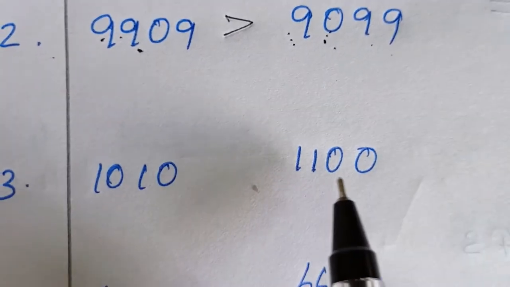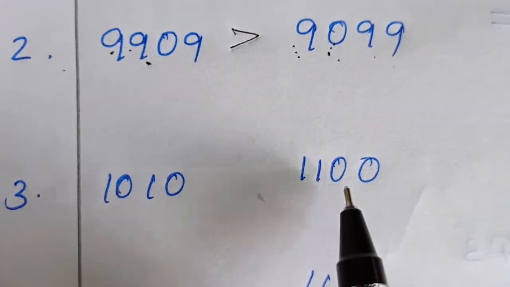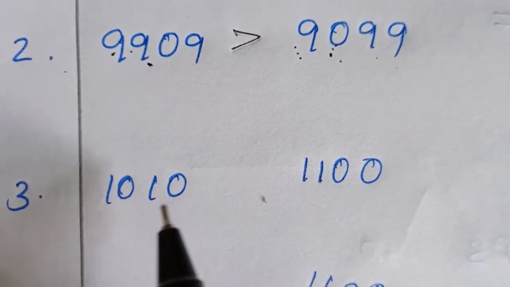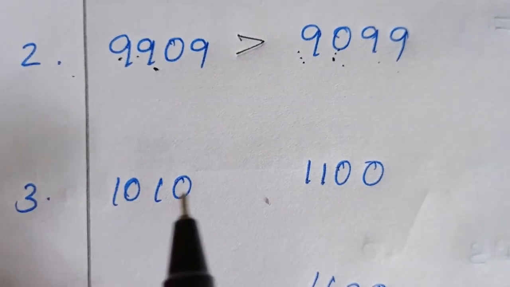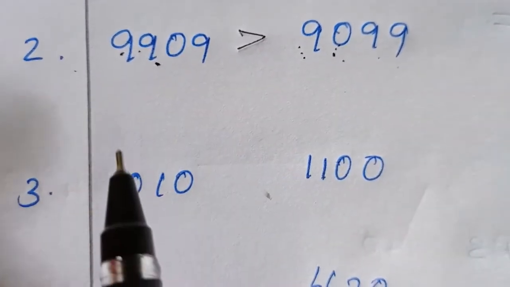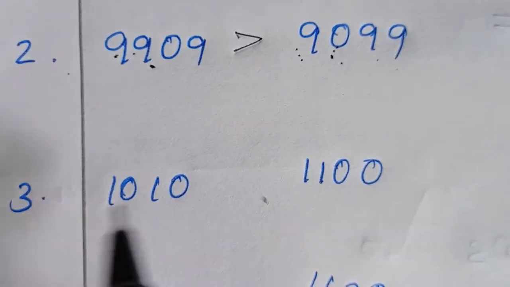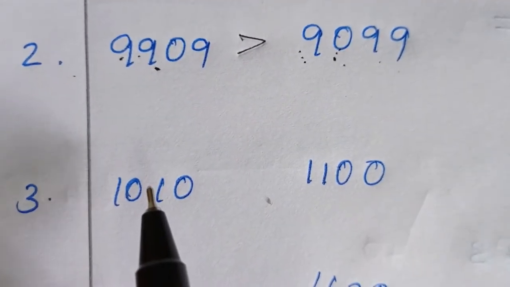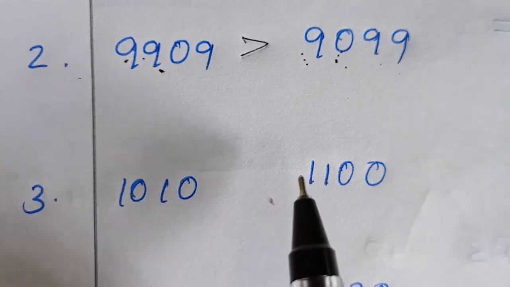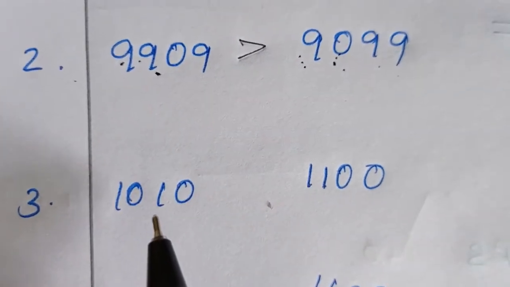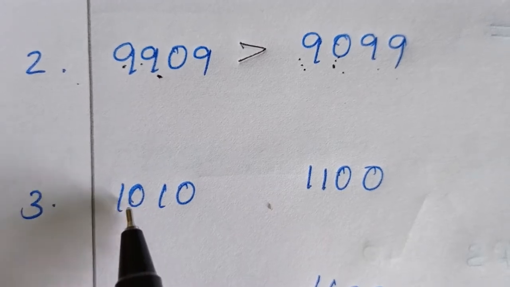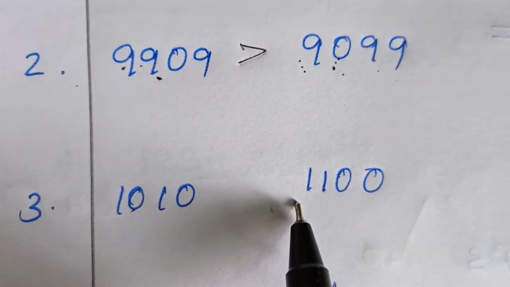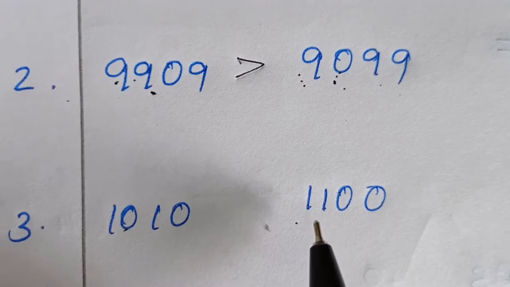Now let's see the next one: 1010 and 1100. Both numbers have the same number of digits, so please check the highest place value. Here for both numbers the highest place value is thousands. So check the thousands place values for both. The first number's thousands place value is 1 and the second number's thousands place value is 1.